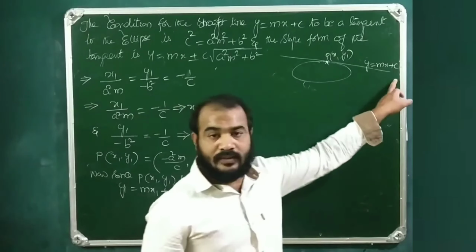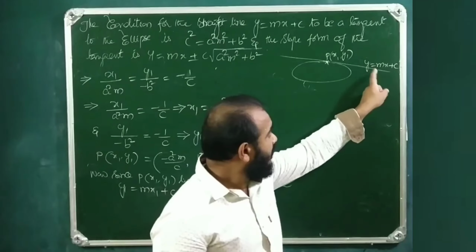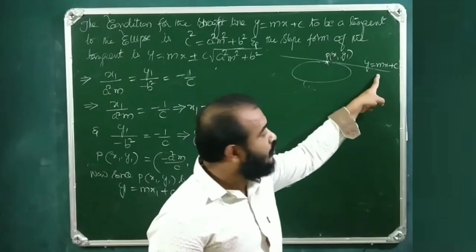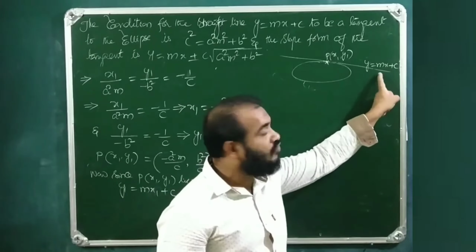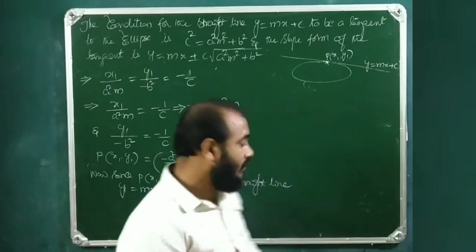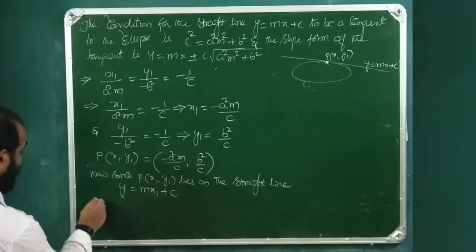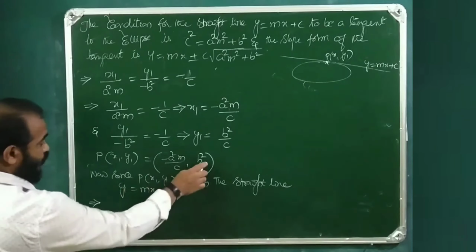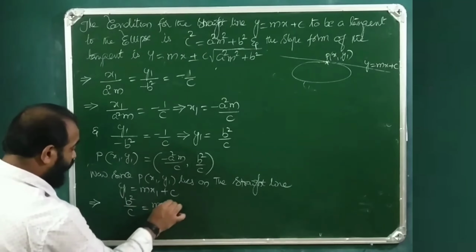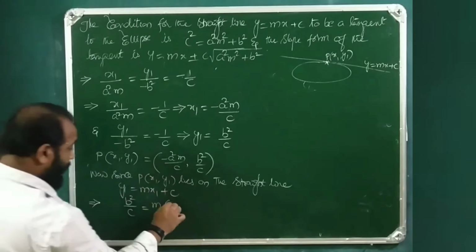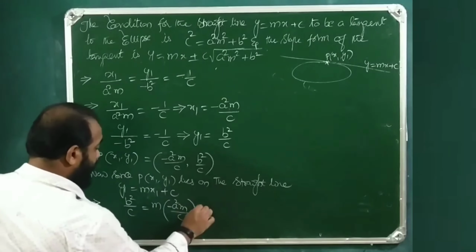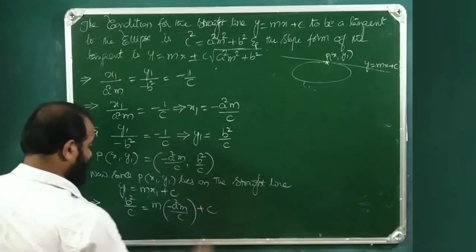Since the point lies on the straight line, the point has to satisfy the line equation. In the place of y, substitute y1; in the place of x, substitute x1. So y1 equals b square by c, m into x1, which is minus a square m by c, plus c.